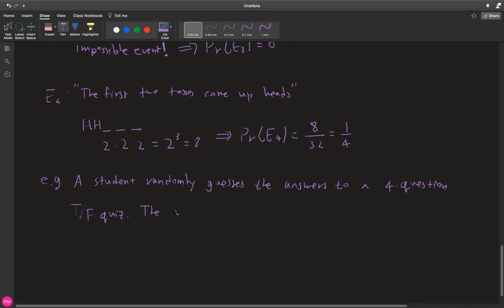The observation is the student's answer. In other words, we want to see either T or F that they have guessed.